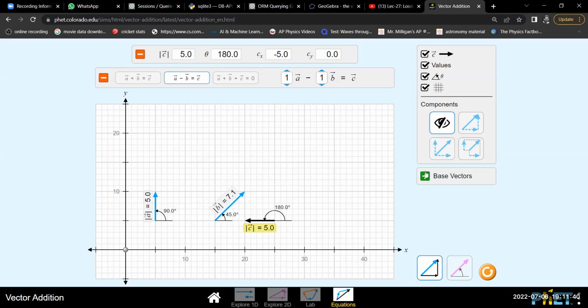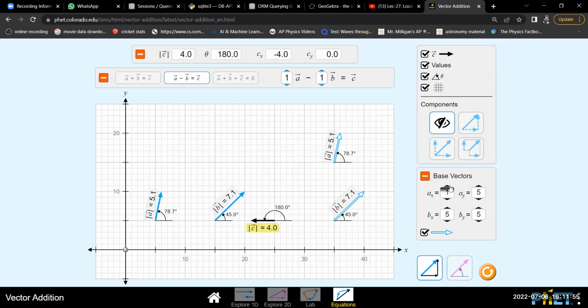Okay, I can choose here maybe. Maybe I can change A, we can change from here. You can see, and C is the resultant. So once you change A and B, you can get a different answer, right?